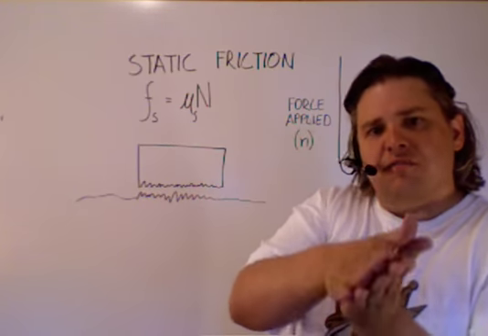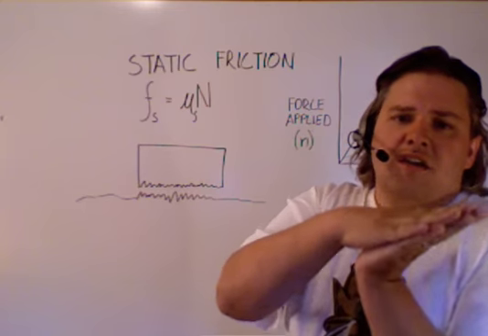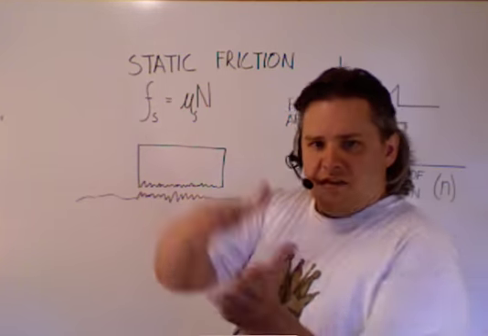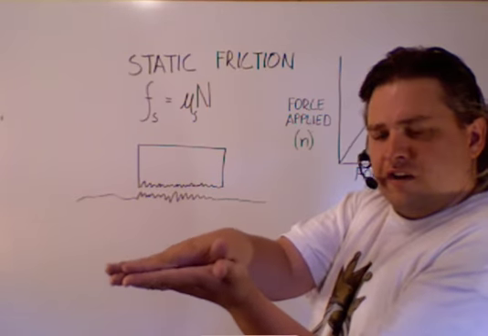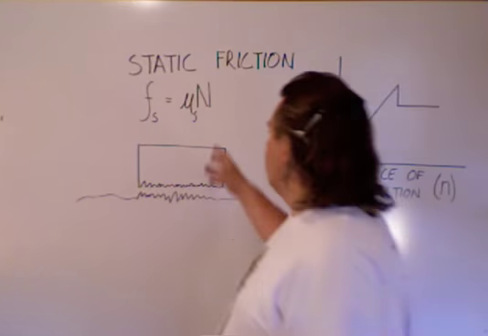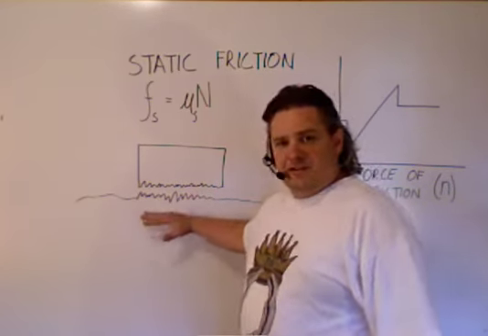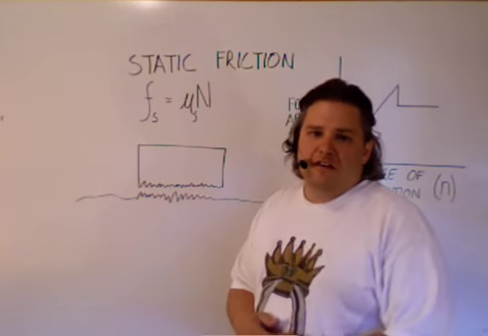High coefficients mean that those objects interlocked quite well and take a considerable amount of force to get them to move. So it's this coefficient, which describes how well the surfaces are interlocked, times the normal force, the amount of force that this surface has to respond to all the downward forces onto it.